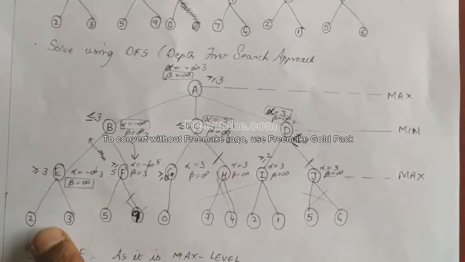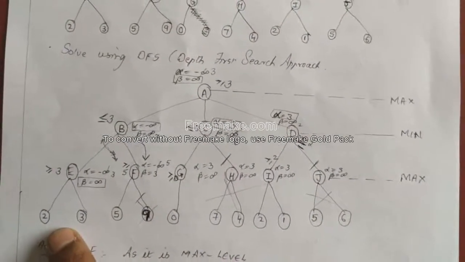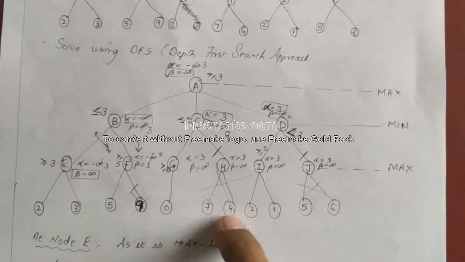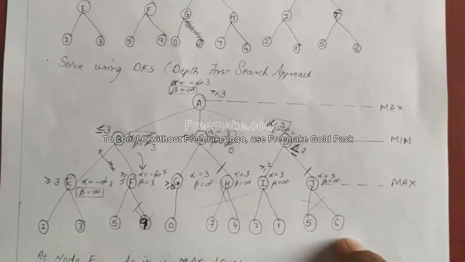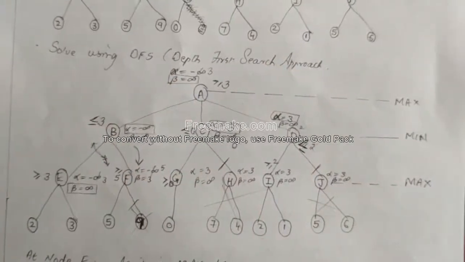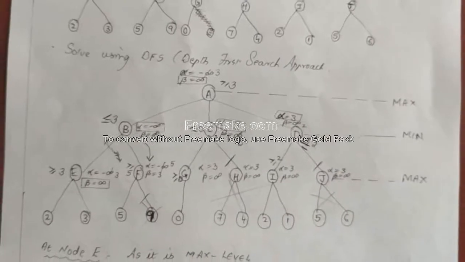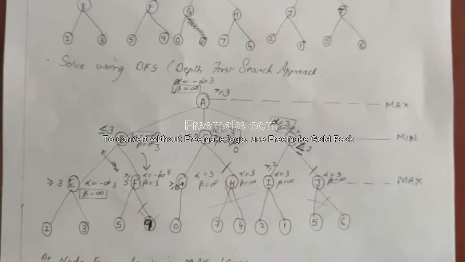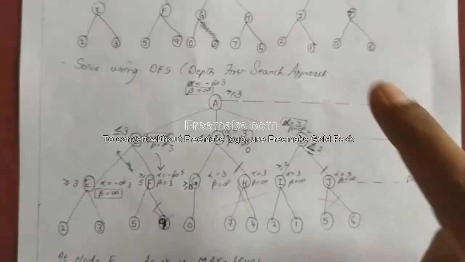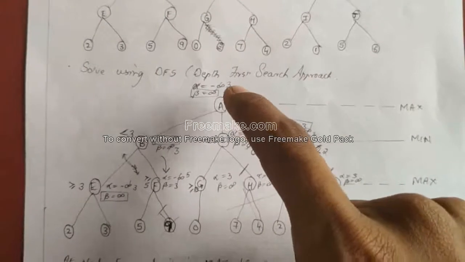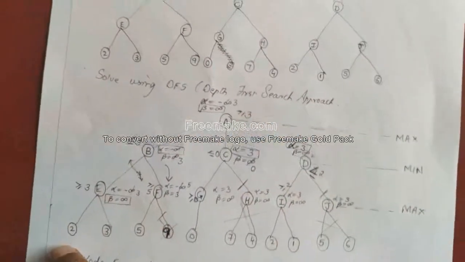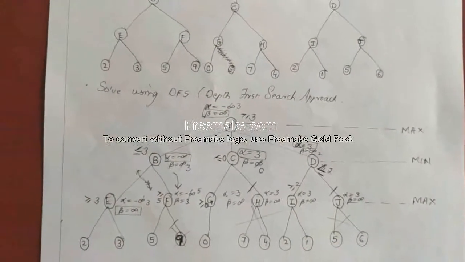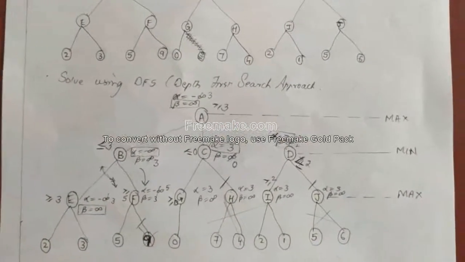From this example, we observe that the nodes are numbered as 2, 3, 5, 9, 0, 7, 4, 2, 1, 5, 6, and this is the tree structure. Using the depth first search approach, one has to remember, while solving an alpha beta pruning problem, that it traces the path from the root node until the leaf node and considers the value by comparing it with minus infinity.